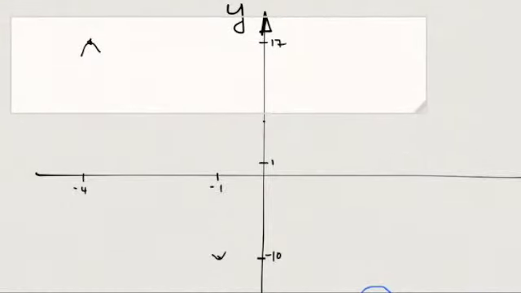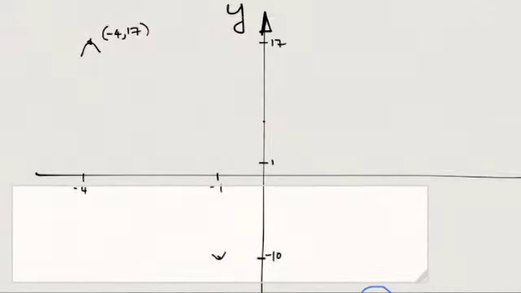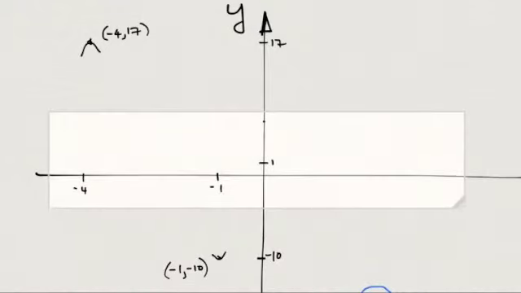We know that (-4, 17) is a maximum, so there's a maximum right there. We also know that (-1, -10), we established that it is a minimum. We know that the curve crosses the y-axis at (0, 1).